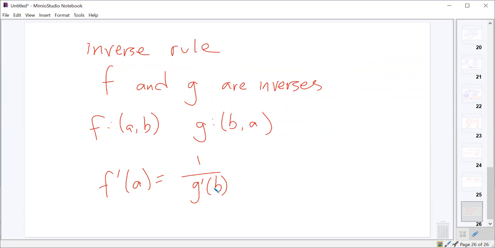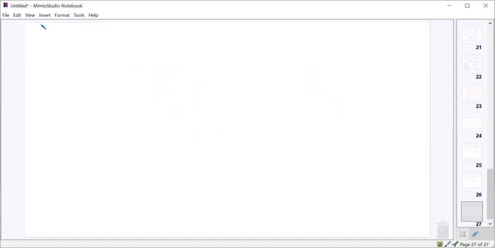And they'll give you a problem and they'll say, okay, f and g are inverses. Great. And then they'll say, I want you to find f prime of 2. And then they'll give you a bunch of information.